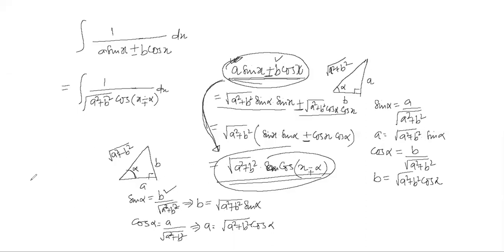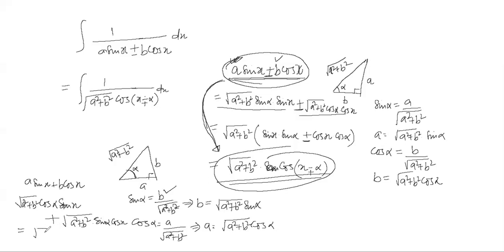So a sin x plus b cos x. In this case, a equals root under a square plus b square into cos alpha, into sin x, plus in place of b we write root under a square plus b square into sin alpha into cos x.